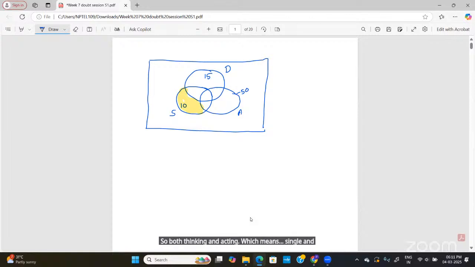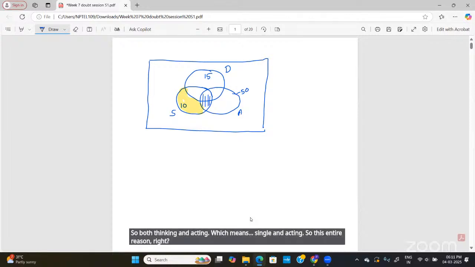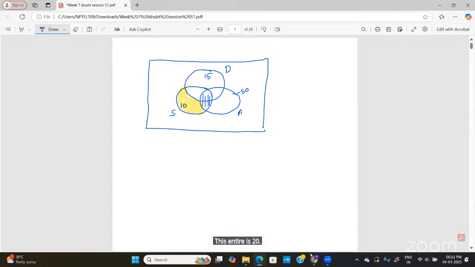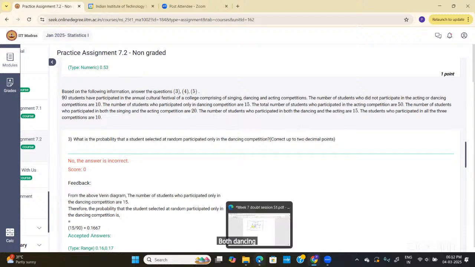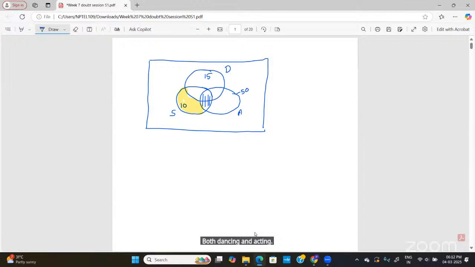So this entire region is 20. Now see other information also: the number of students who participated in both dancing and acting is 15. So this entire region is 15. Just remember this: this entire region is 15, and this entire region is 20.